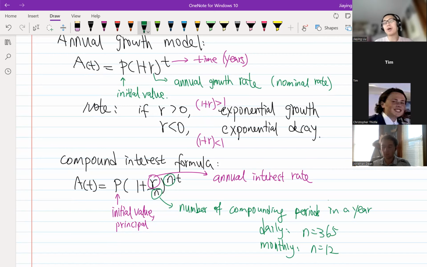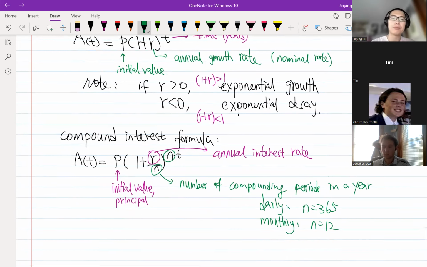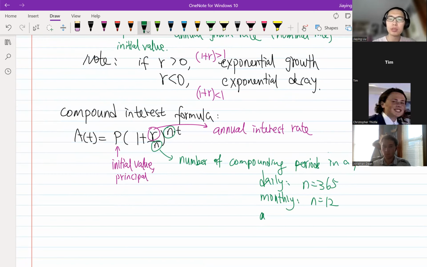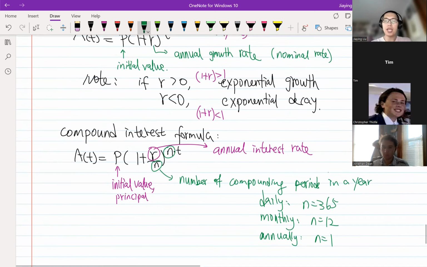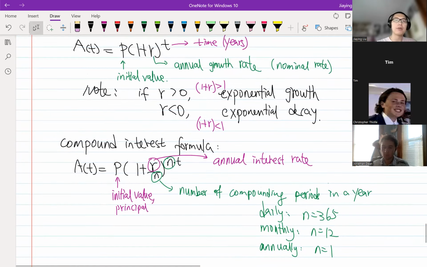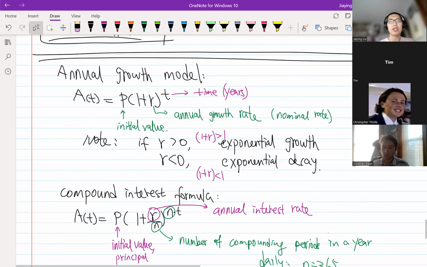Now, what if it says compounding annually? Means that the interest is only calculated at the end of each year. Well, if it's compounded annually, n equals 1 because it's 1 year. In that case, the first formula, the annual growth model, and the compounded interest formula are actually the same formula if n equals 1.